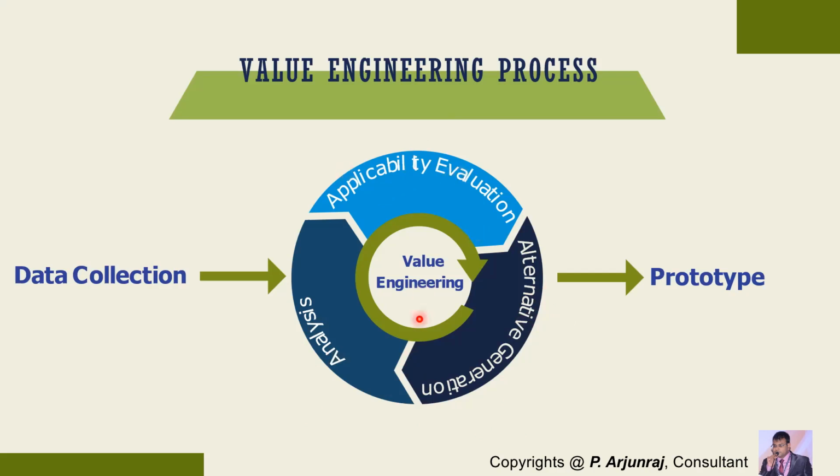Then you go for development activities where you do the prototype. One example I told you, if you're converting metal to plastic, the first thing you have to do is ensure that the prototype is developed. Then the fitment trial or the initial tests are done to ensure that failure is not going to happen. Then you go for the pilot sample.